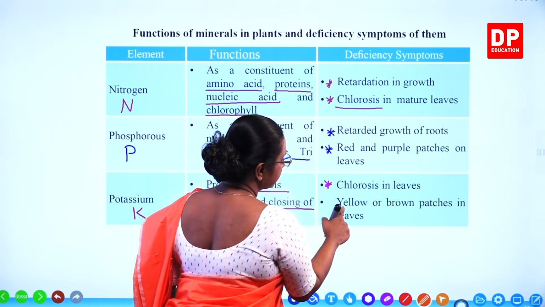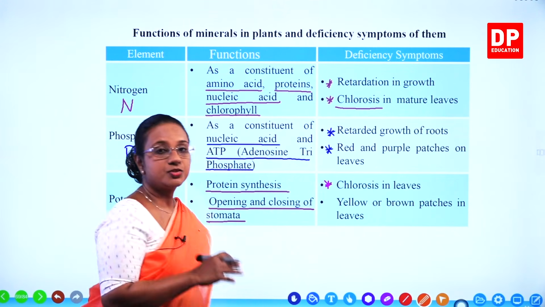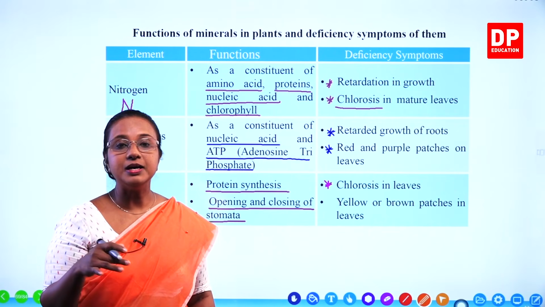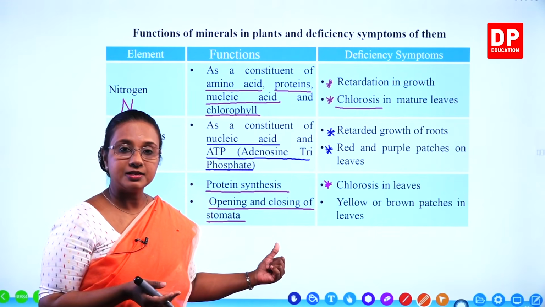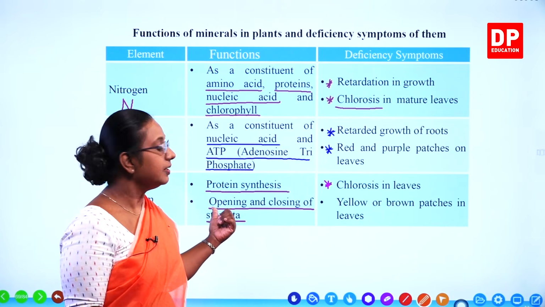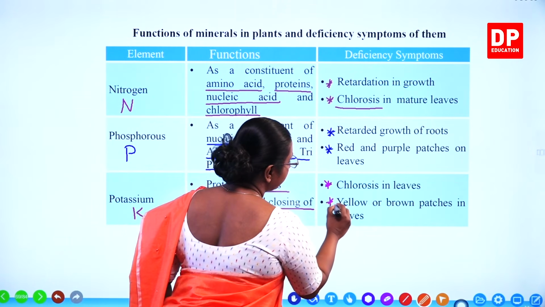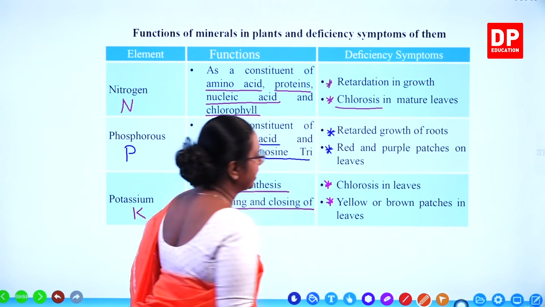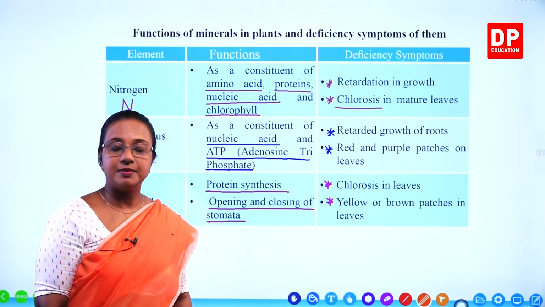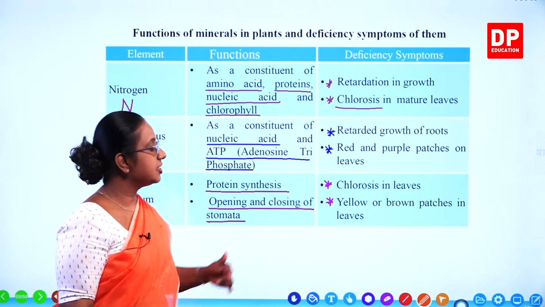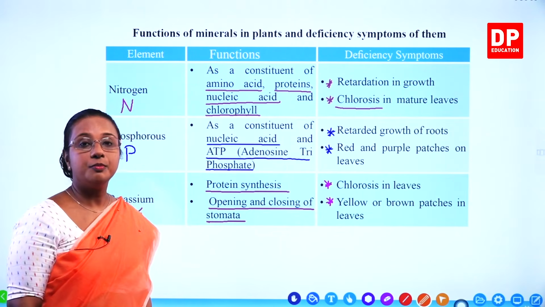Chlorosis, as we discussed before, in leaves. So, the reduction in green color, chlorophyll pigment in the leaves will be a result of potassium deficiency. And also formation of yellow or brown patches in the leaves can be observed. So, these are the deficiency symptoms due to potassium.